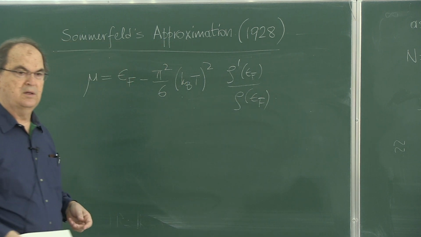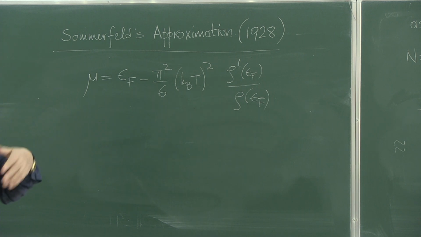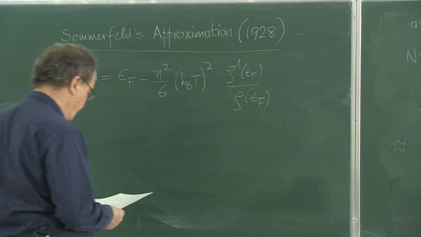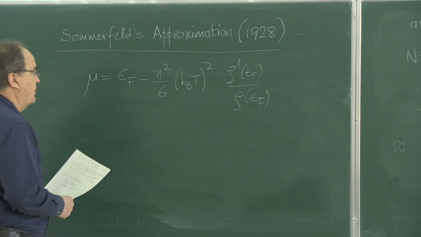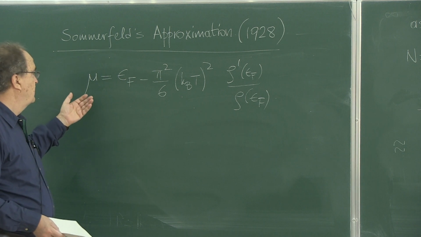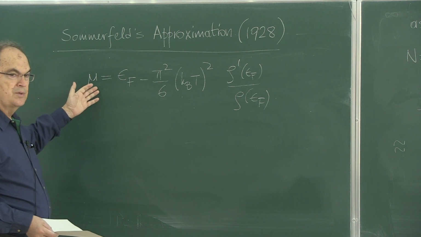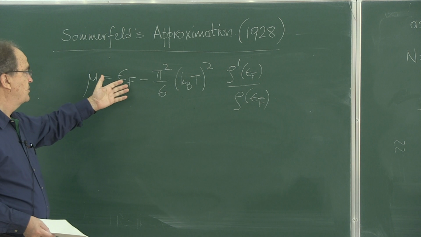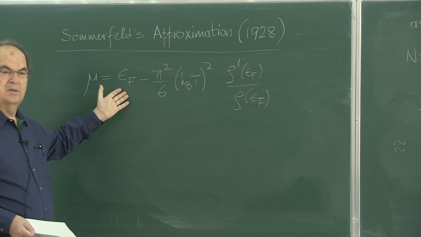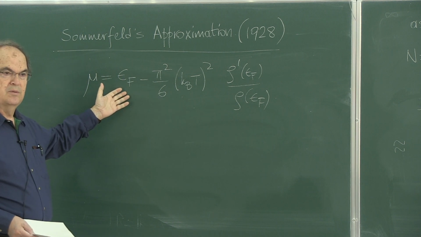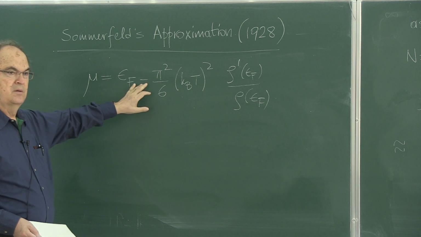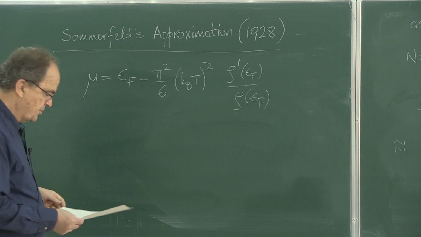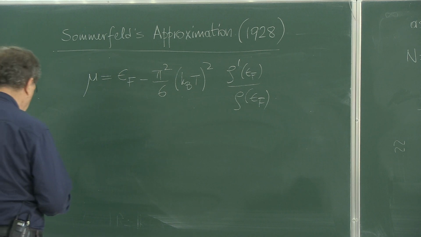So the density of states and its derivative come in. What we have derived is that the chemical potential becomes smaller than its value at T equals 0. It reduces. There's a negative sign here. That's the first important observation.